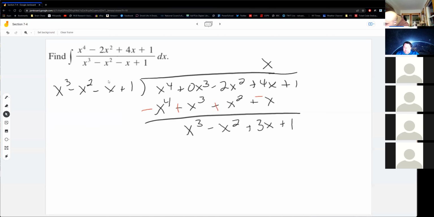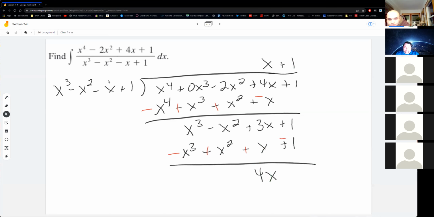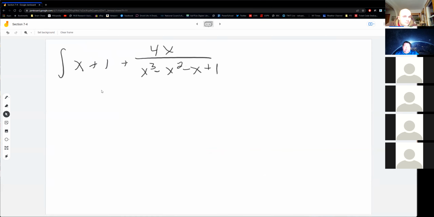Do it again. Fine. So I'm left with 4x. So my new integral is this. We have the x plus 1.